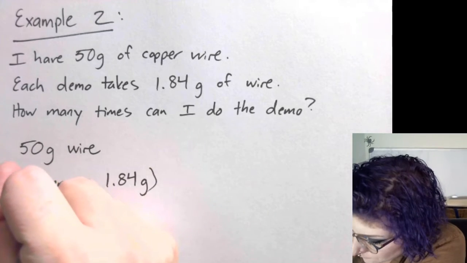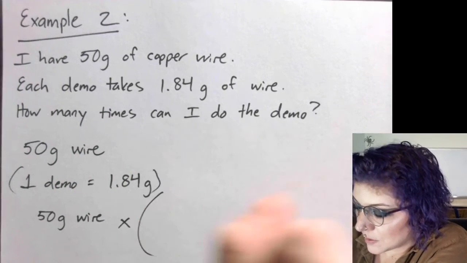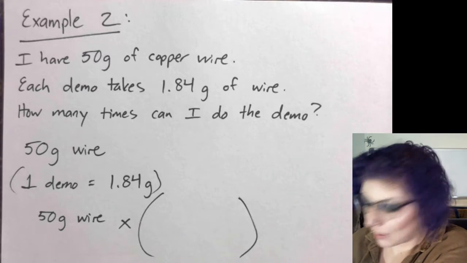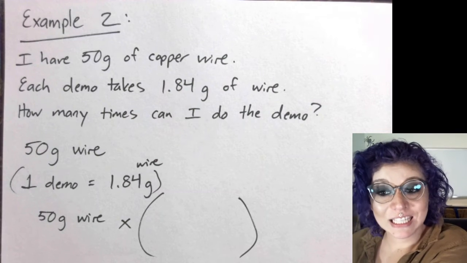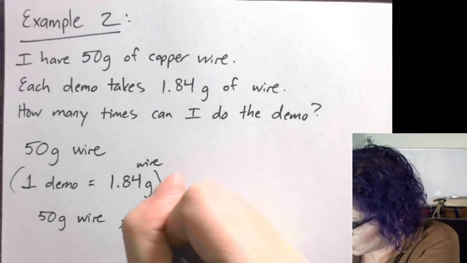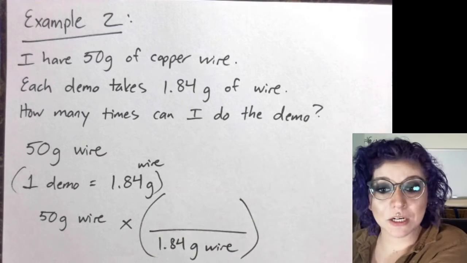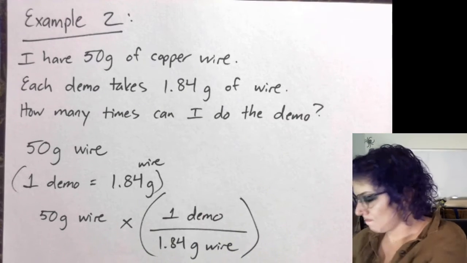So I have 50 grams of wire times my conversion factor. I want wire in the denominator. So 1.84 grams of wire per one demo.